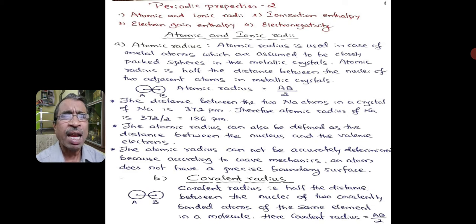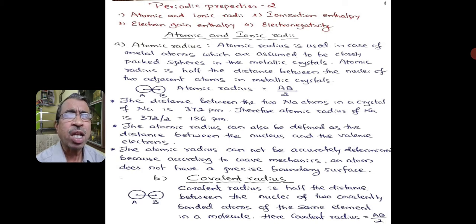If I take an atom A and another atom B in the metal, these two are so closely packed with each other, half the distance between these two becomes atomic radius. So if A is the atom and B is the another atom, the distance between the nucleus of these two, that is AB, divided by 2.